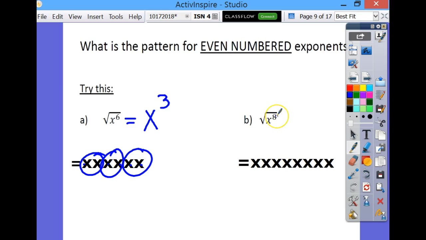If it's x to the 8th power, I write down 8 x's. And then I find the pairs. Circle the pairs. How many pairs? So if you have a variable, you're going to expand the variable and find the pairs.